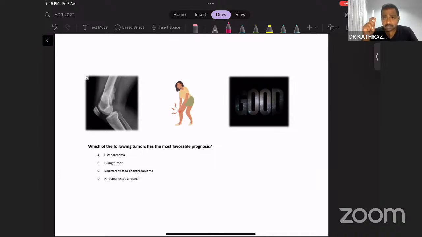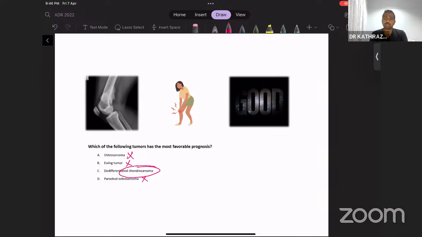The first thing you would rule out is osteosarcoma, and then Ewing tumor. Predominantly, everyone would go for chondrosarcoma, because that is a less known topic. We all know Ewing sarcoma has a very bad prognosis simply because it mimics osteomyelitis, so you will diagnose it late. And invariably, we all know osteosarcoma is bad.